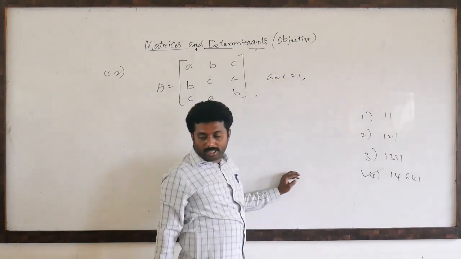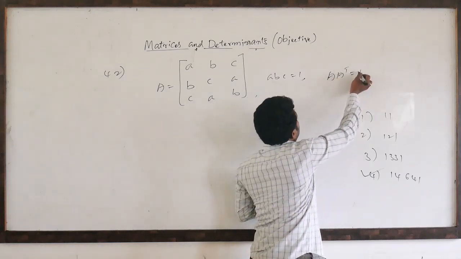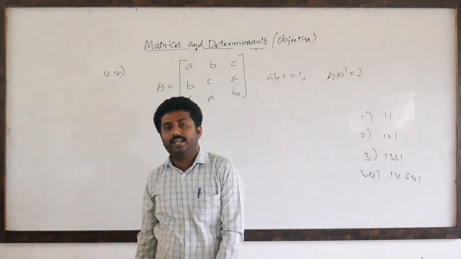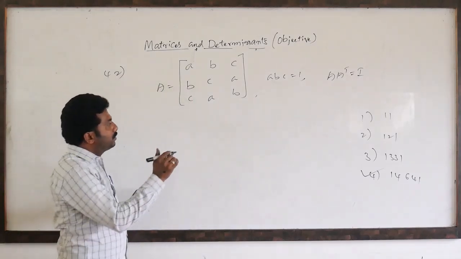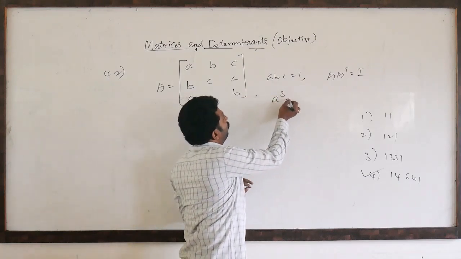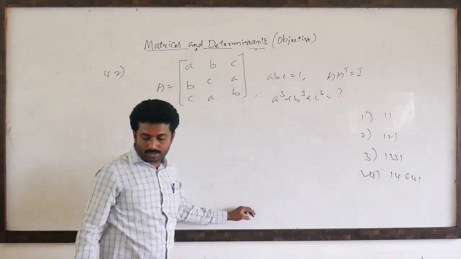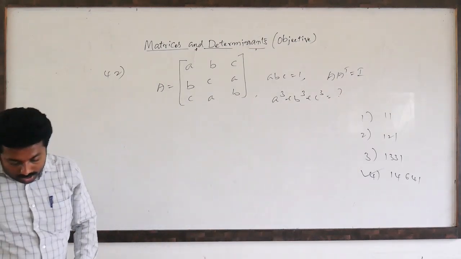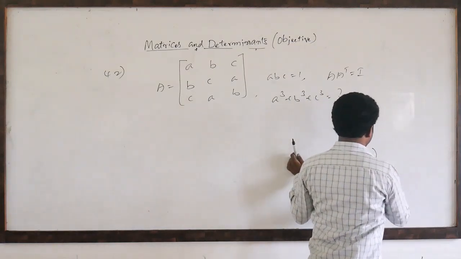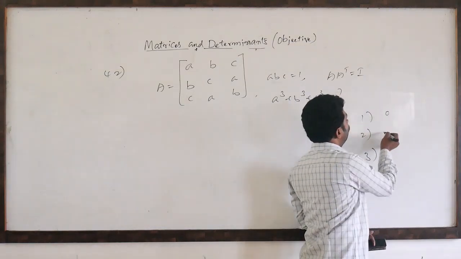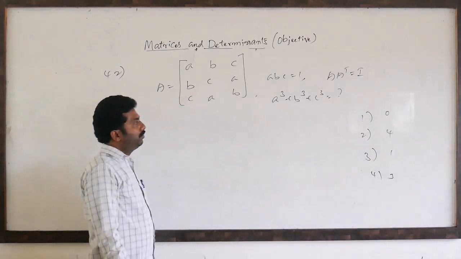And A transpose A equals identity means it is an orthogonal square matrix. Then they ask what is a cubed plus b cubed plus c cubed. The options are 0, 4, 1, 3. We have to find which one is correct.